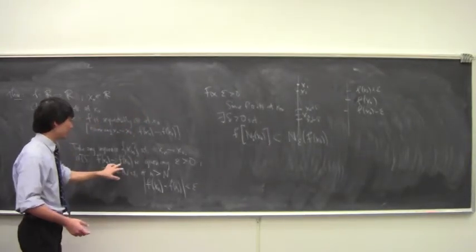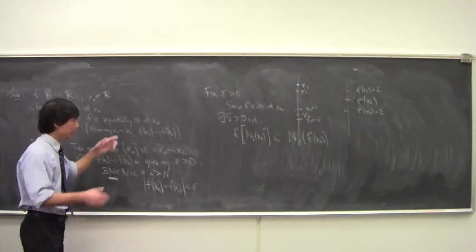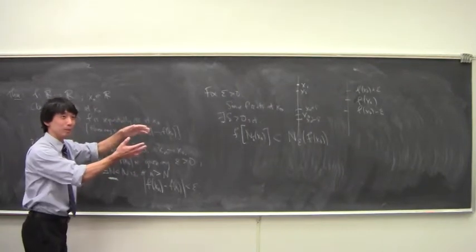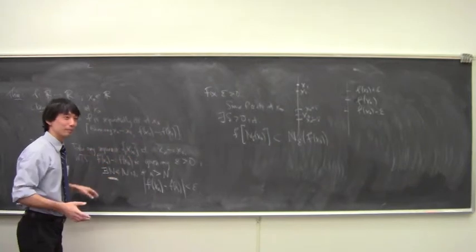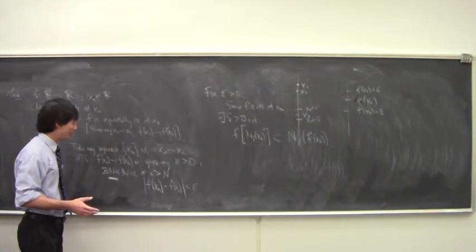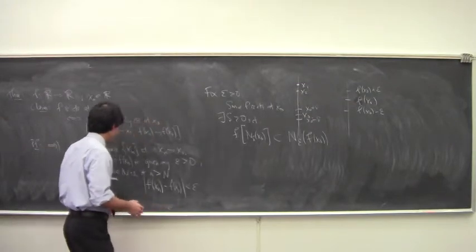That's what convergence of the sequence means: given any epsilon, there's a time past which everybody lies in that epsilon neighborhood. So that's what we want to show. We want to play the epsilon-N game.